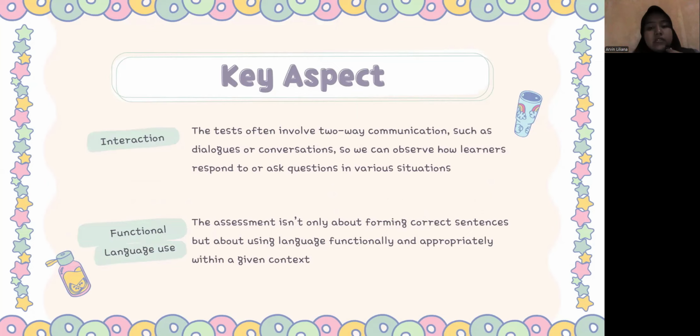The test often involves two-way communication, such as dialogue or conversation, so we can observe how learners respond to or ask questions in various situations. The second is functional language. The assessment is not only about forming correct sentences, but about using language functionally and appropriately within a given context.